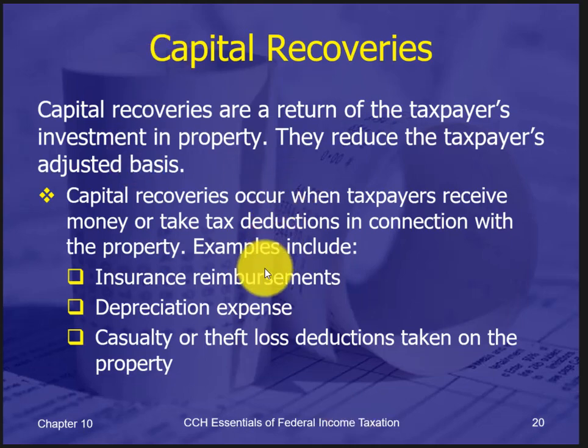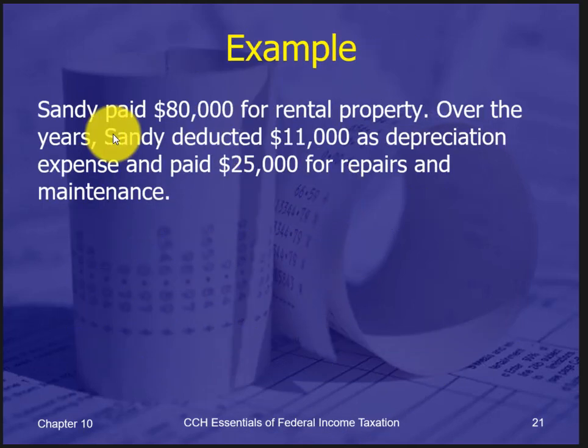Okay, capital recoveries, the biggest one, of course, is depreciation expense. These others are going to be very rare and usually not worth talking about, but depreciation is the one that we are going to see. Okay, paid $80,000, we deduct $11,000 as depreciation, pay $25,000 for repairs and maintenance.